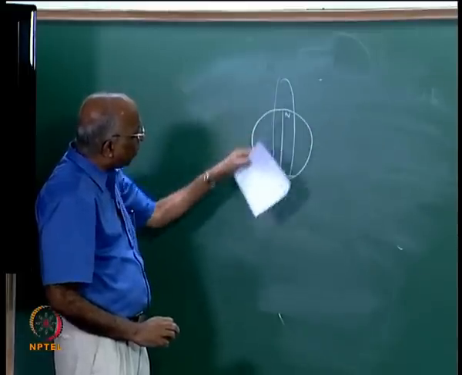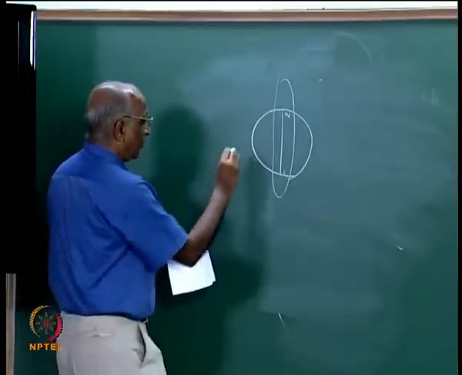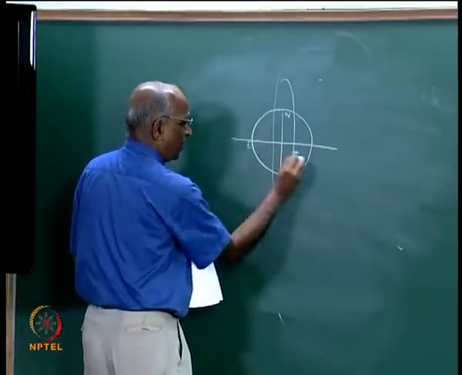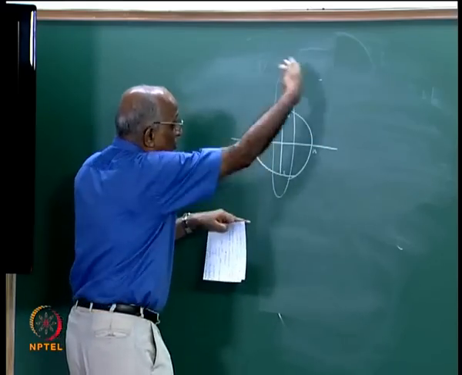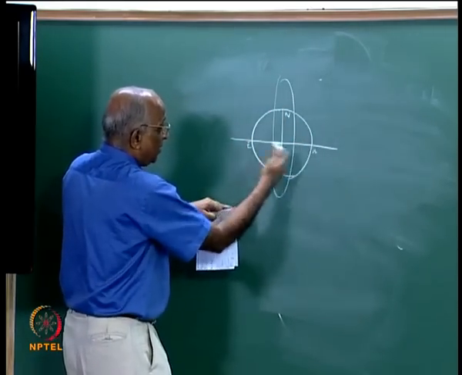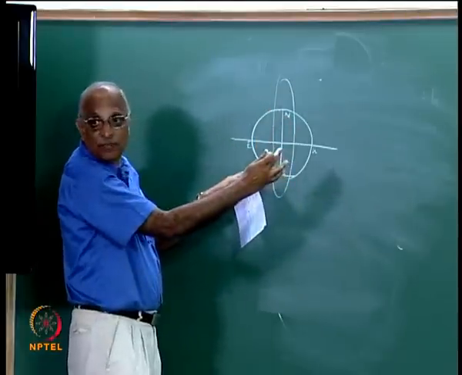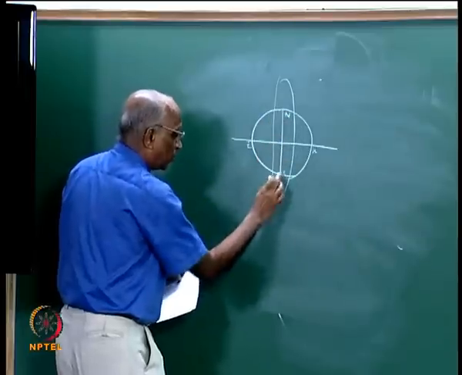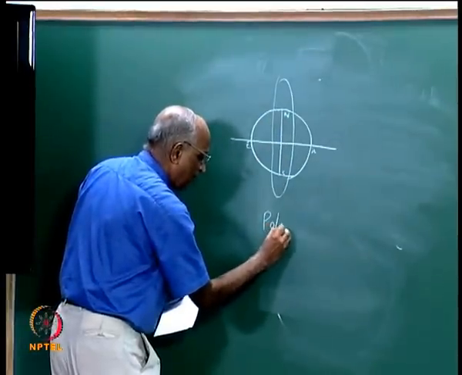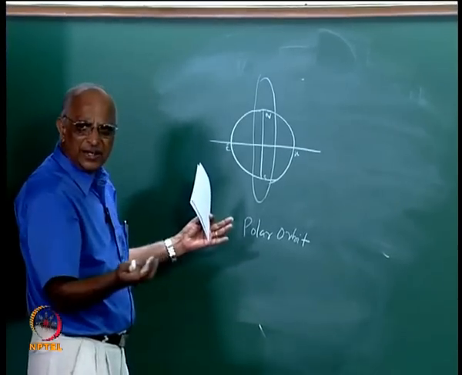If a satellite goes round like this in a circular orbit, we are still talking of circular orbits, and the earth, with east and west here, is rotating like this, then as the earth rotates, this particular satellite can see all parts of the earth. Therefore, this is known as pole to pole, that is north pole to south pole, and this is known as a polar orbit. The equations are exactly identical.